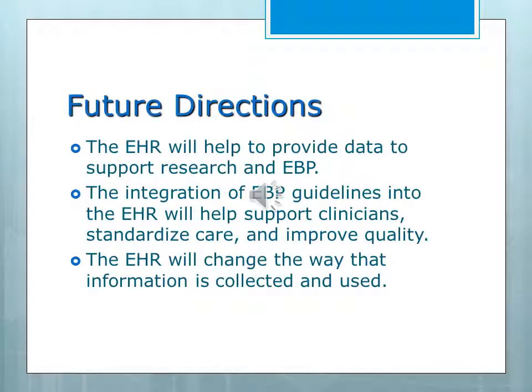So some really quick future directions. The electronic health record in your hospitals or office settings is really going to help provide data to support research and evidence-based practice. And really it's because there's so much data that's readily available in an electronic health record that used to have to be manually abstracted from paper charts. So there's much more data available. Integration of evidence-based practice guidelines into EHRs helps support clinicians and improve care and standardize care and make it more consistent.